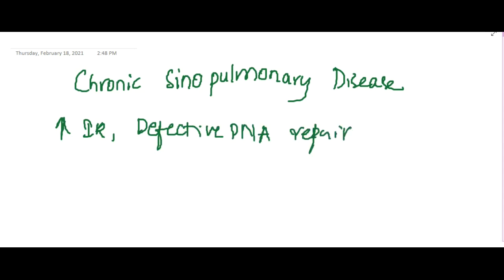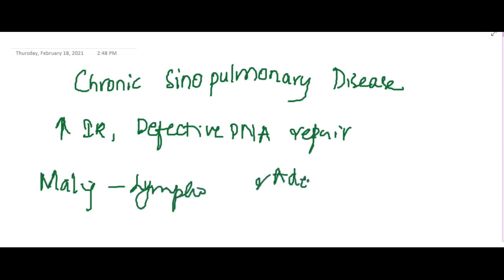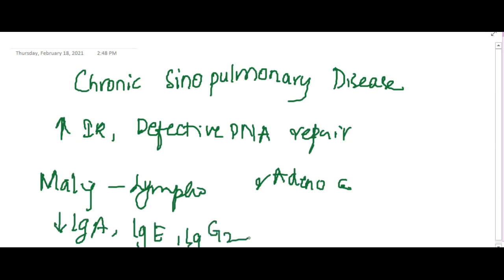It is also associated with certain malignancies like lymphoreticular malignancies and also adenocarcinoma. In Ataxia Telangiectasia, we will see low IgA, IgE and IgG2 levels. Now, the last disorder of this class is hyper IgE syndrome.